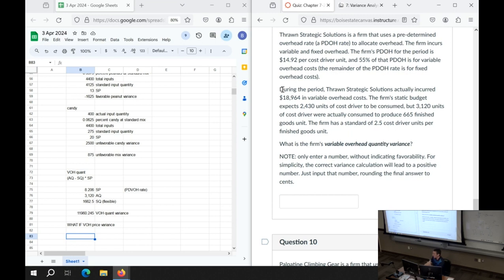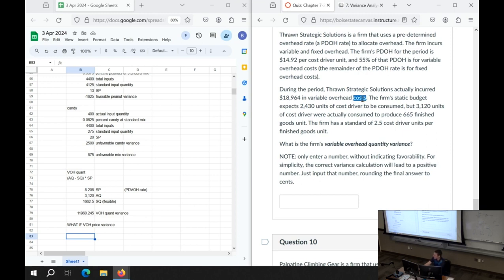Jack, you had said that sometimes the wording I give here can be confusing. I can't necessarily change the wording, but whenever I say you actually incurred this amount of costs, I think I'm successful at least 90%, if not 95% or even 100% of the time.